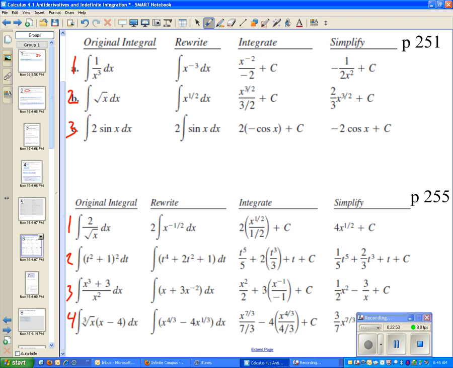So, if you're faced with an integration problem or an anti-differentiation problem, and you're like, well, I have no idea how to do that, rewrite it. Turn it into something that you know how to do. We're good with polynomials. Polynomials were easy to take derivatives. They're easy to take anti-derivatives because you just use the power rule for integration. Okay? So polynomials are good.